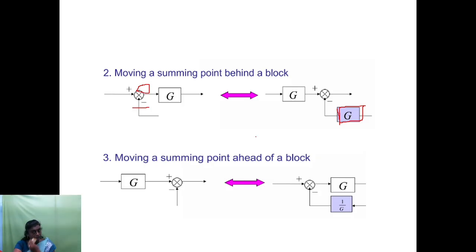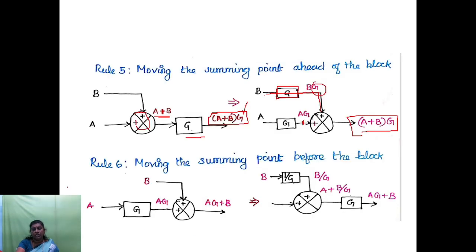Similarly, in the next rule, we are going to move the summing point before the block. Let me explain with an example. Here, this line has the input A and it will be multiplied with the gain G, so that I am getting an output AG.